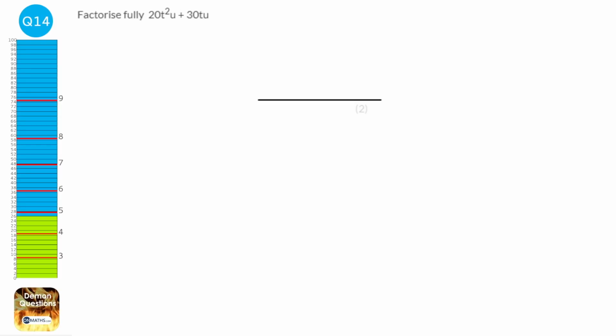So factorise means to put it into a bracket, and it looks like it's a quadratic here, but it's actually just a linear factorising because we don't have a number term. So we're going to just use one bracket for this. And looking at these terms, I'm going to focus first on the numbers. So 20 and 30, I can divide both of those by 10, and that will leave 2 and 3.